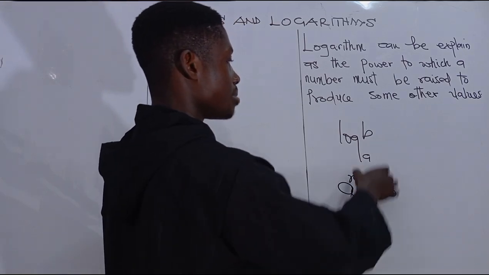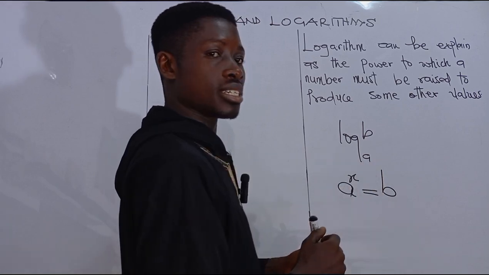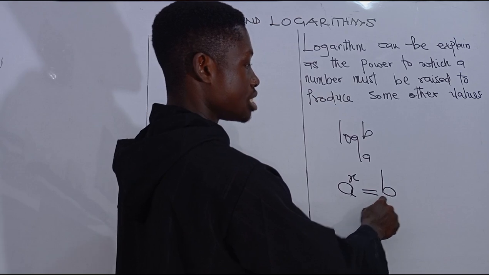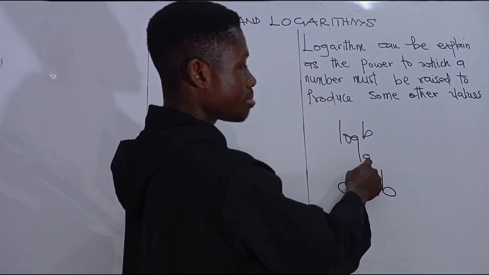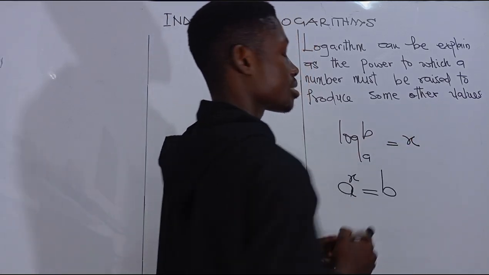So this is the meaning of log of b to the base of a: to what power must a be raised to produce b? Since we don't know the power, let's call that power x.